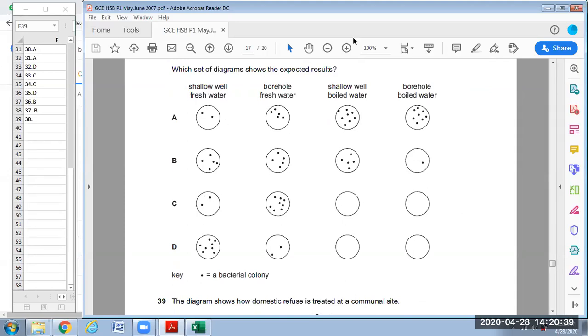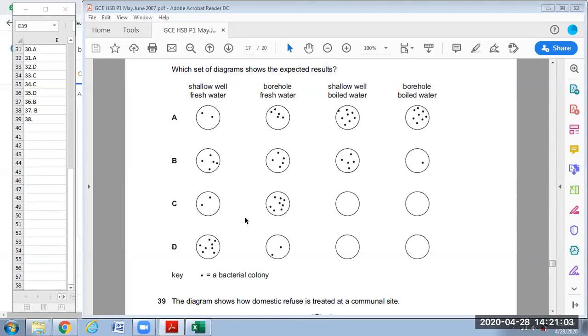Now, the question you have to ask is, will a shallow well contain more bacteria than a deeper hole in the ground that has water? What do you all think? I think the shallow well has more bacteria. I would say the shallow well also has plenty of bacteria. You know why?